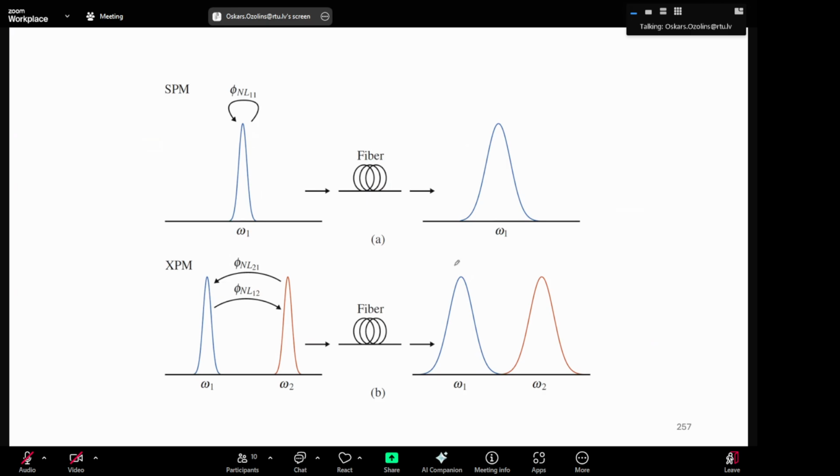What happens is that you start to generate new frequency components here, so in a single channel this is how you can tell that it is a nonlinear effect, because you start to add new frequency components, and the spectrum becomes broader. In cross-phase modulation, one signal starts to modulate the other signal. They both become broader, but they also affect each other.